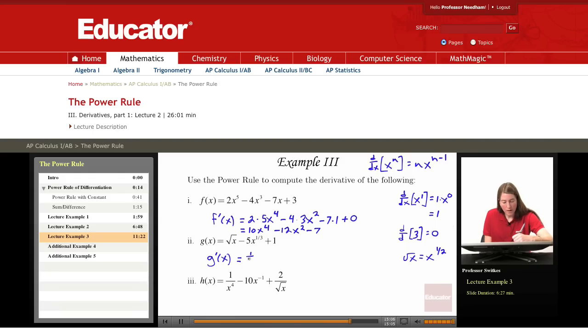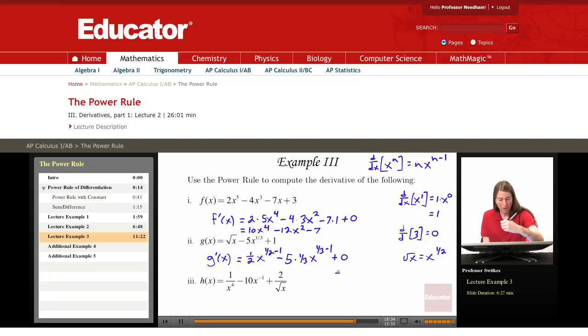So we'll have 1/2 x to the 1/2 minus 1. The exponent came out in front, and then in the exponent we subtracted off 1. Then we'll have a minus 5 times 1/3 x to the 1/3 minus 1. Again, the exponent came out in front, and we dropped the exponent by 1. And then derivative of the constant 1 is 0.